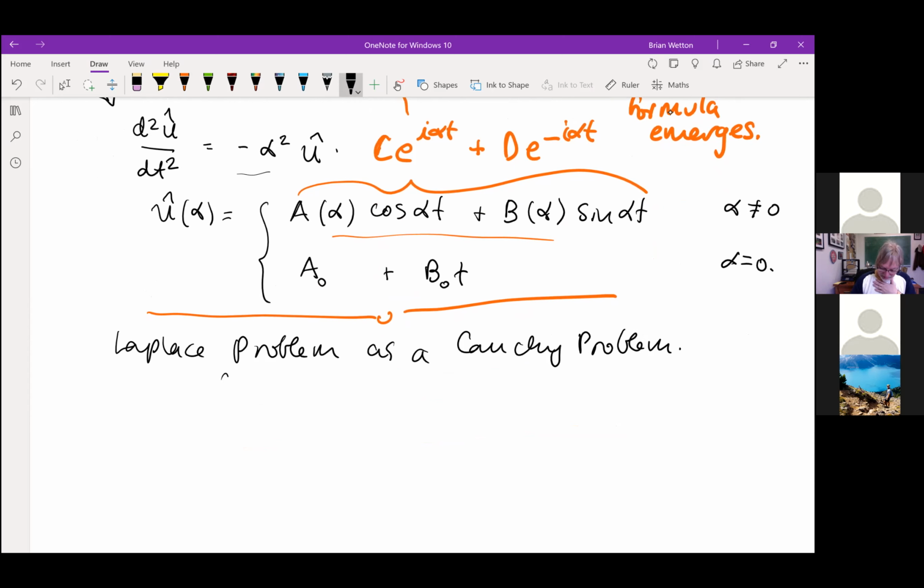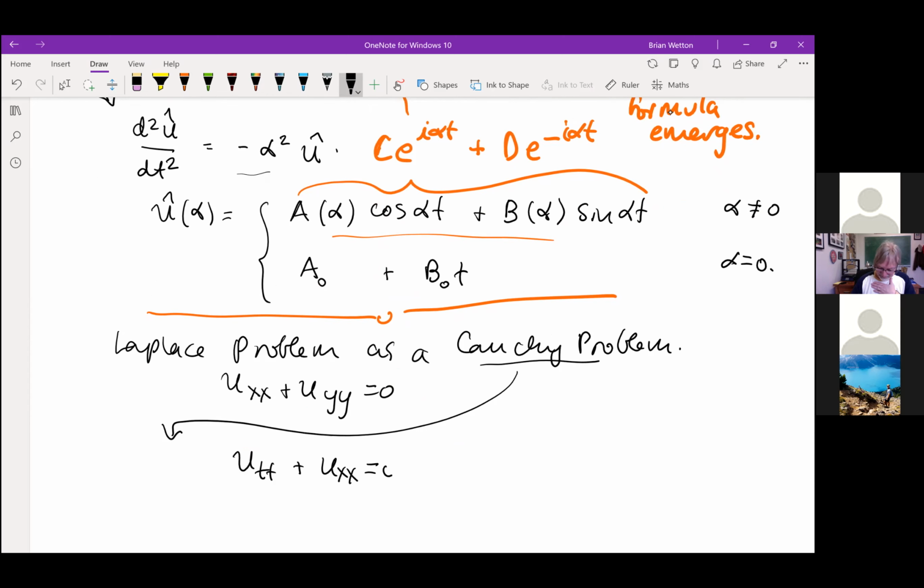So normally we would write it as u_xx plus u_yy is equal to 0. But if I'm going to write it as a Cauchy problem, I'm just going to pretend that one of those variables is time. And I'll give initial conditions, same as before.